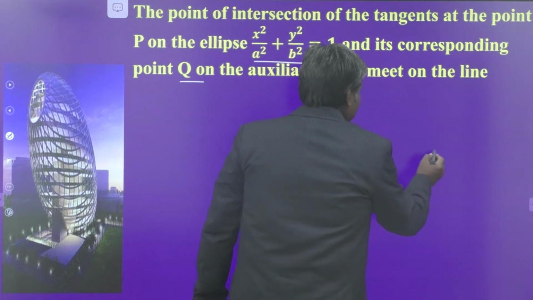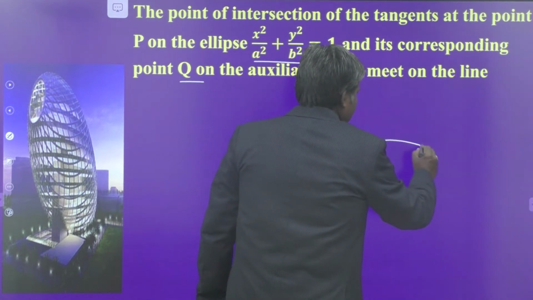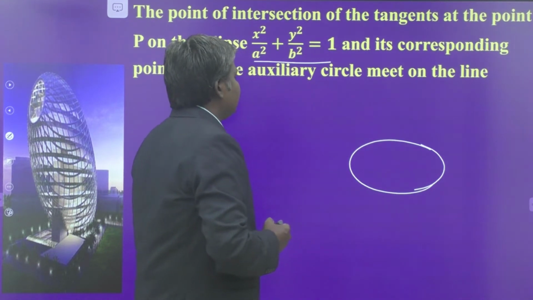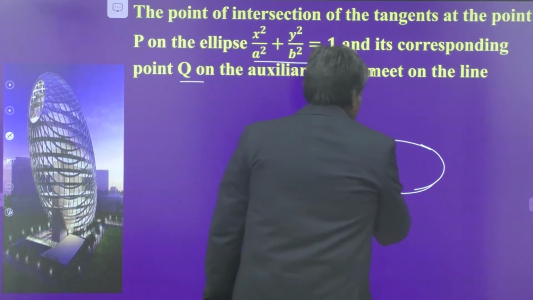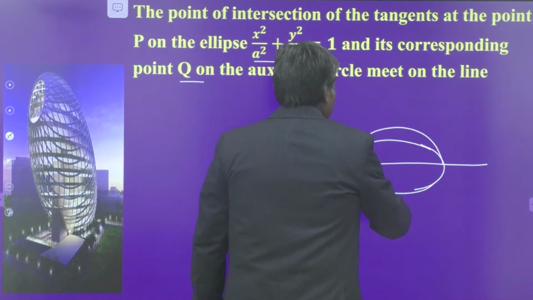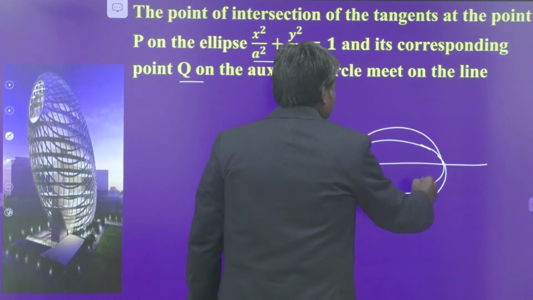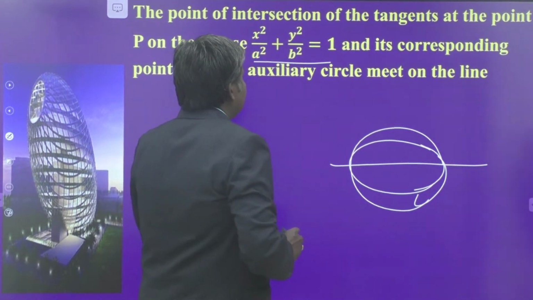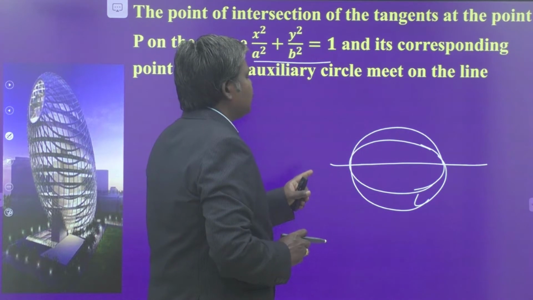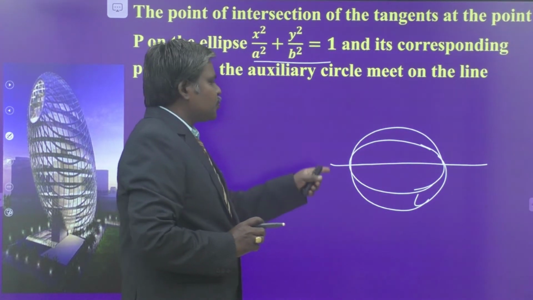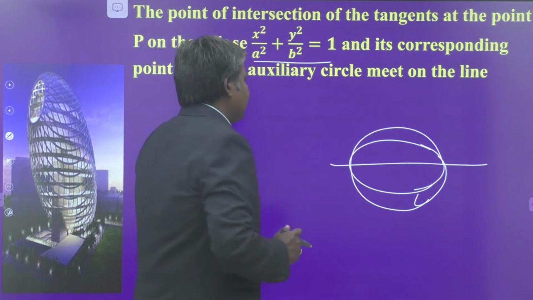That means this is the ellipse, x square by a square plus y square by b square is equal to 1, and this is the axis. It is its corresponding auxiliary circle. We are going to write the tangents at a point on the ellipse and also the tangent at the point corresponding to this point on the auxiliary circle.